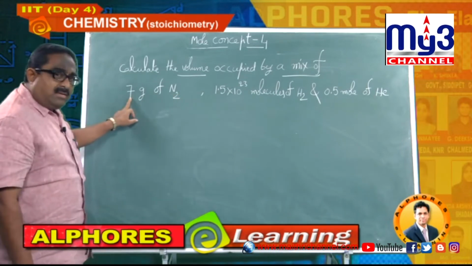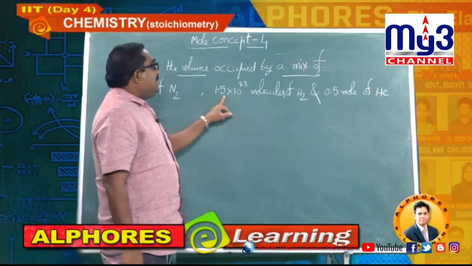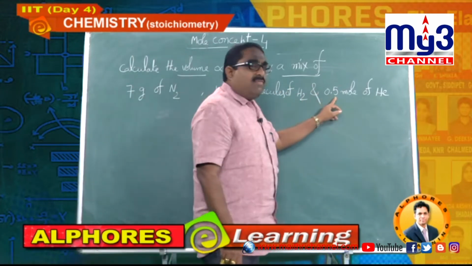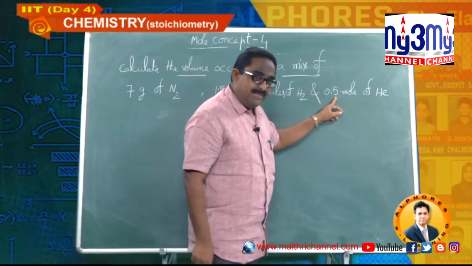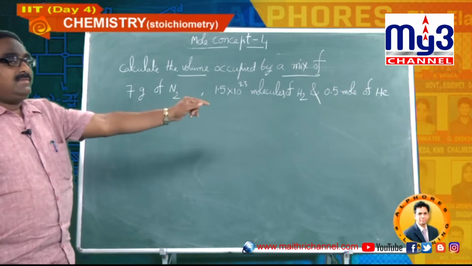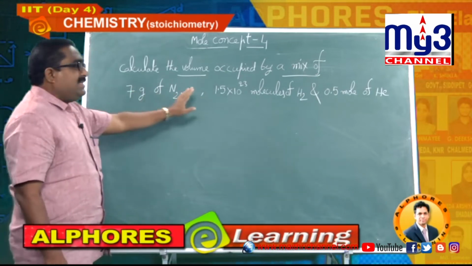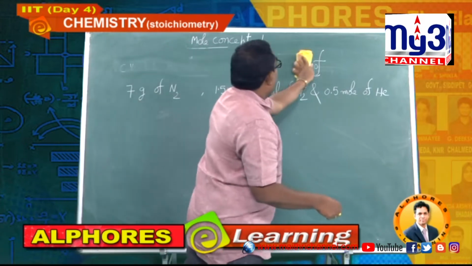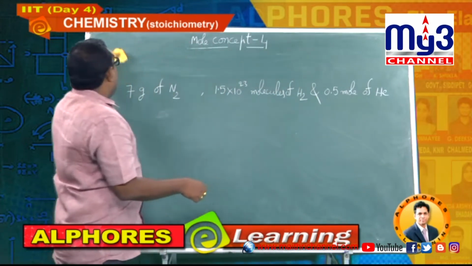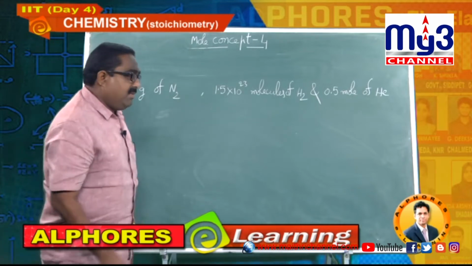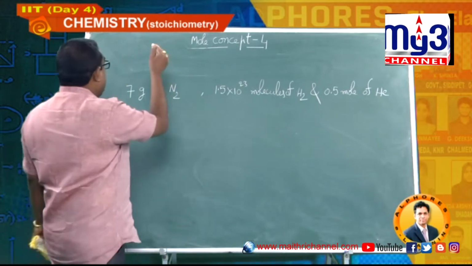This is in weight, this is given in the form of molecules, and this is given in the form of moles. Yesterday I gave one approach. I think you have written this. I am going to erase the upper part. Right. I am going to write the same conceptual sequence which I gave you in the previous session, right.